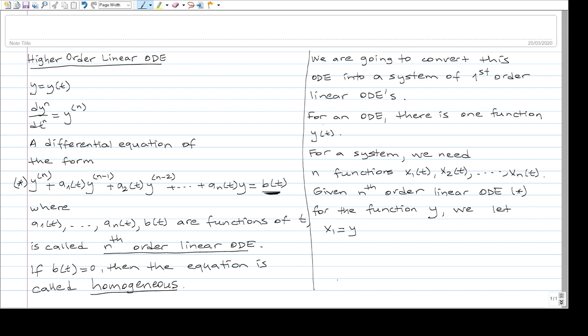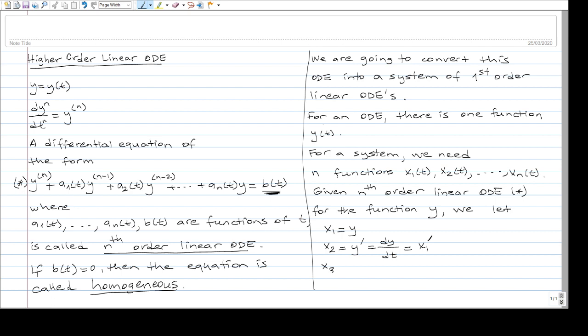But we need others. So the other functions we are going to call derivatives of y. So x2 is the first derivative of y, dy dt. But since we already called y the variable x1, this means the variable x2 is the derivative of the first function x1.